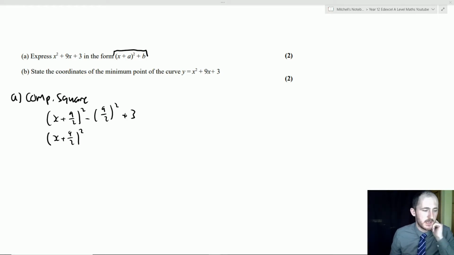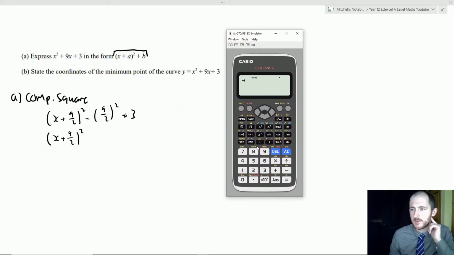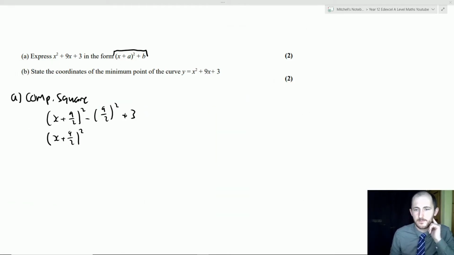So you can just leave it as that. And let's get down to business. So we have minus 9 over 2 is just 4.5, so let's write it as that. Minus 69 over 4. Done. 2 marks. Easy peasy lemon squeezy.